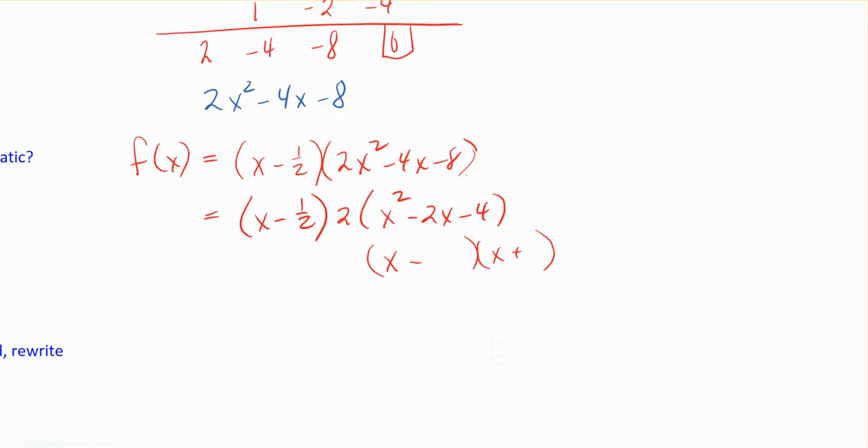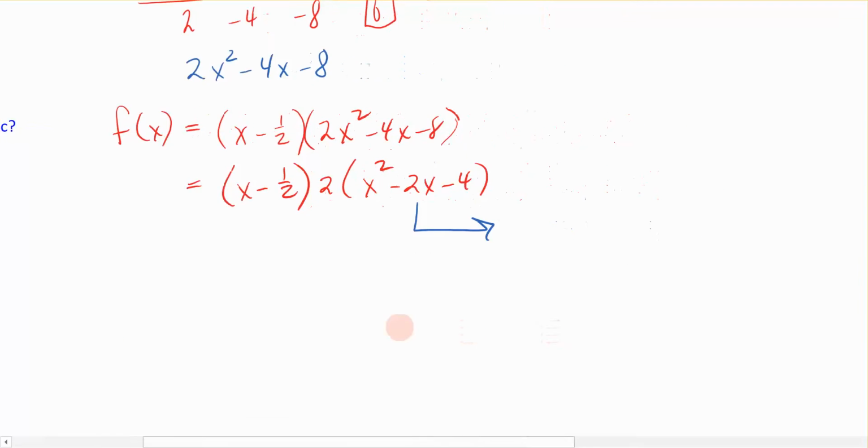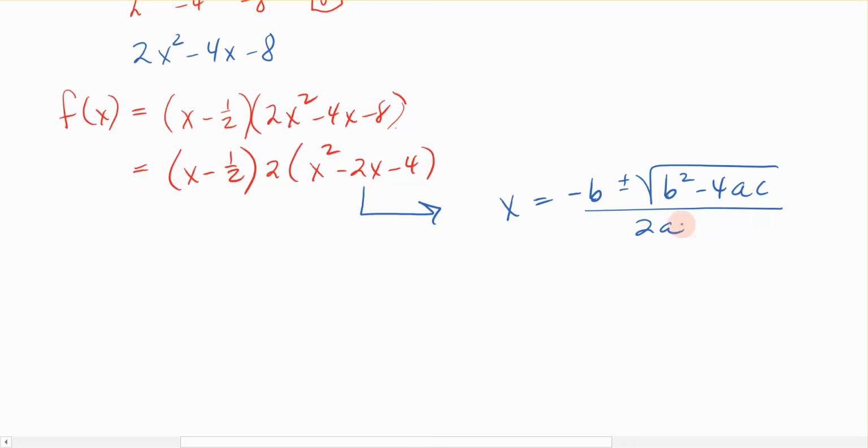So that tells me that instead of doing trial and error, I now have to use the quadratic formula. Let me give myself a little more space here. The quadratic formula is negative b plus or minus the square root of b squared minus 4ac, divided by 2a. Remember, I told you that these roots weren't going to be pretty.